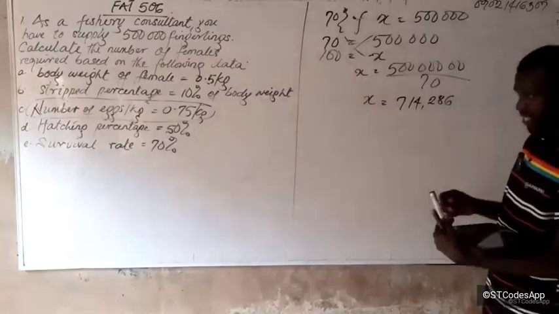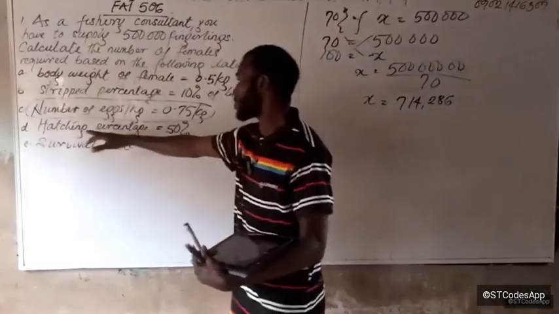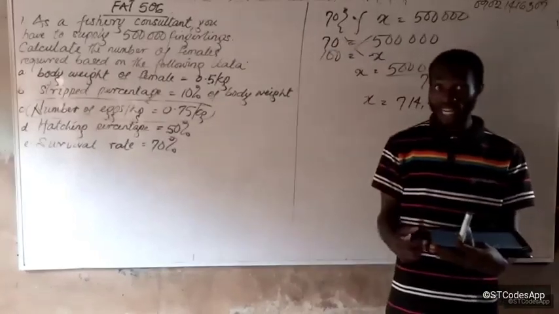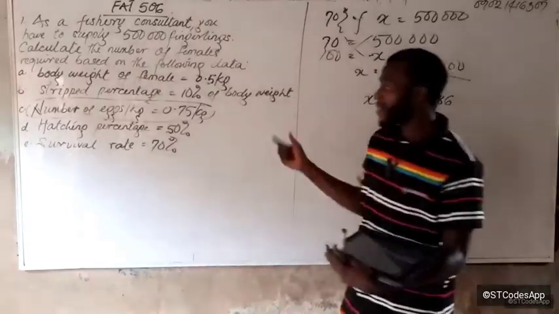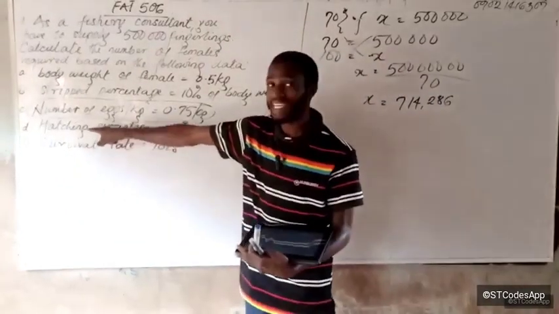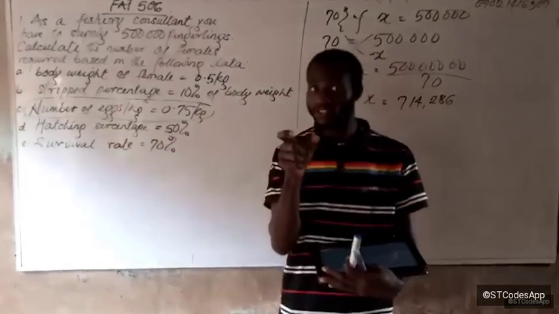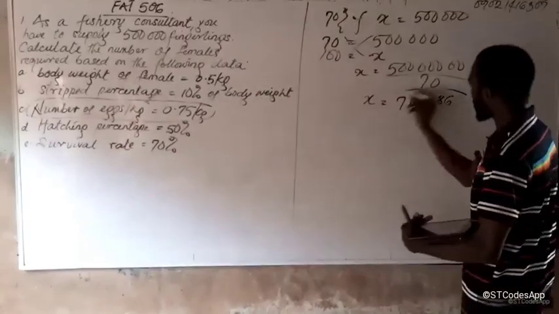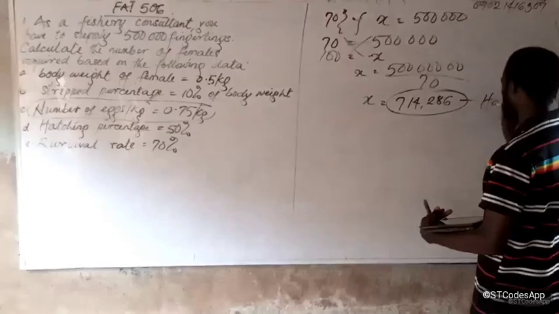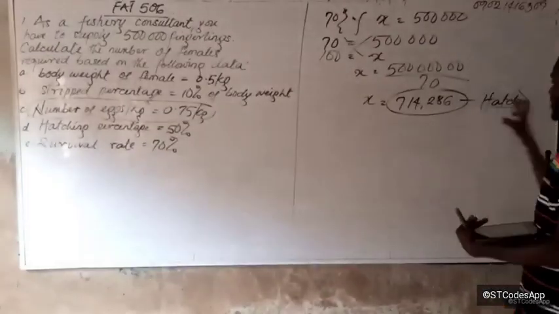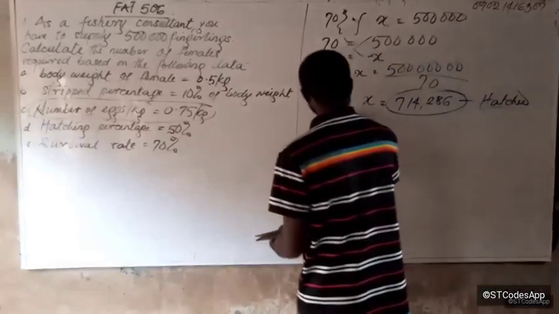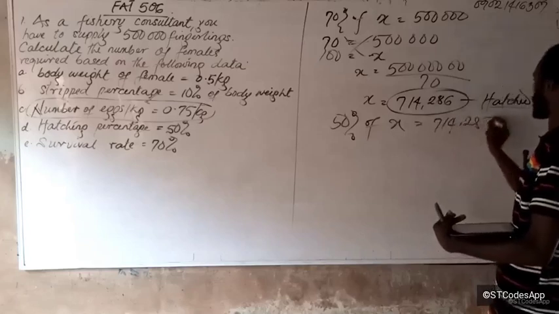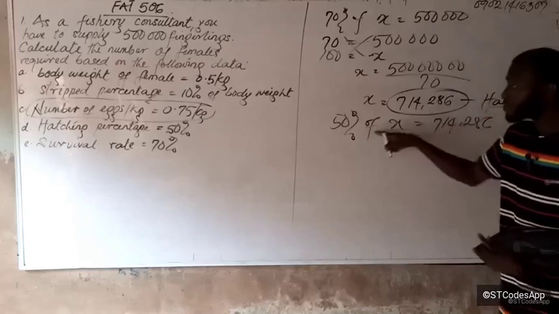So now, let's factor in the hatching percentage. The hatching percentage is 50% of the spawned eggs. So after spawning, after fertilization, the amount of eggs that actually hatched is 50%. So this is the amount of eggs that hatched. This 714,286 is 50% of an amount of eggs.